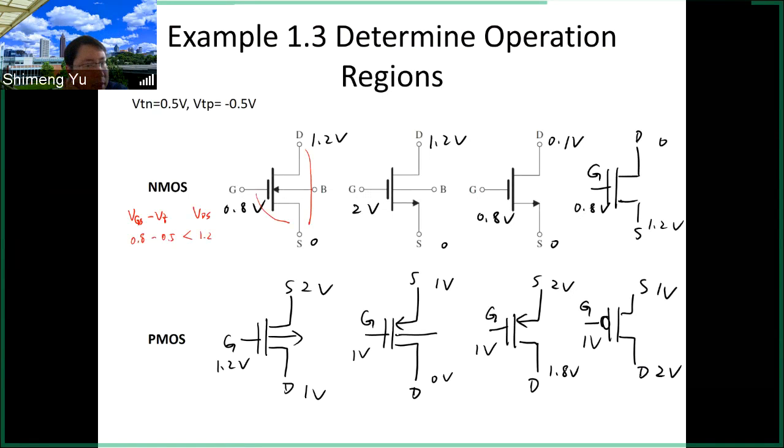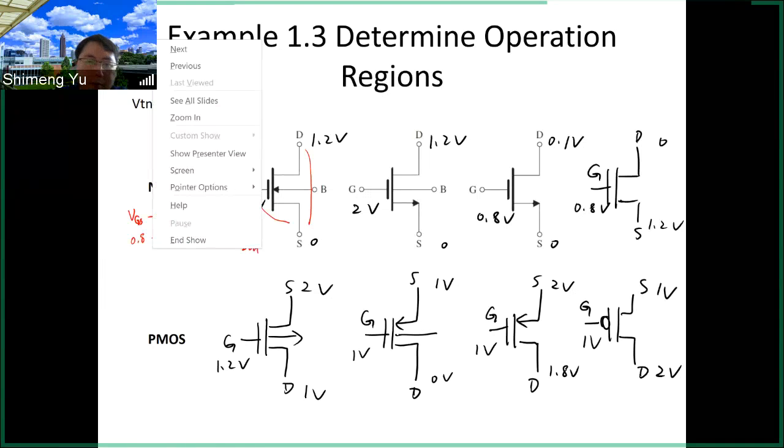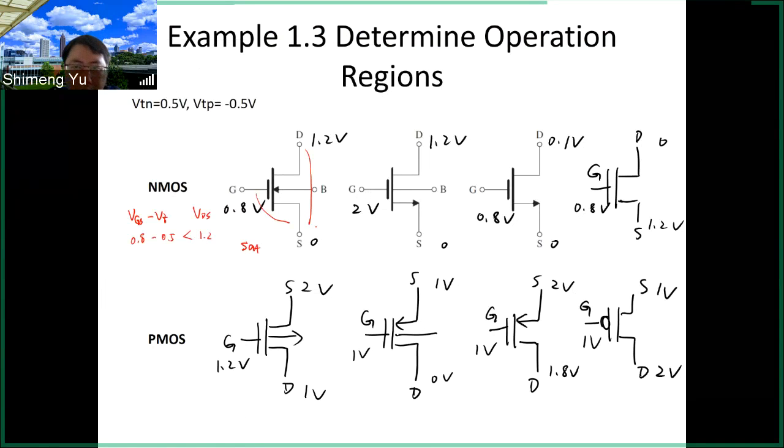So 0.3 is less than 1.2, so this is saturation indeed. And then we can do the rest, for example, the second one. I will directly show you the solution.